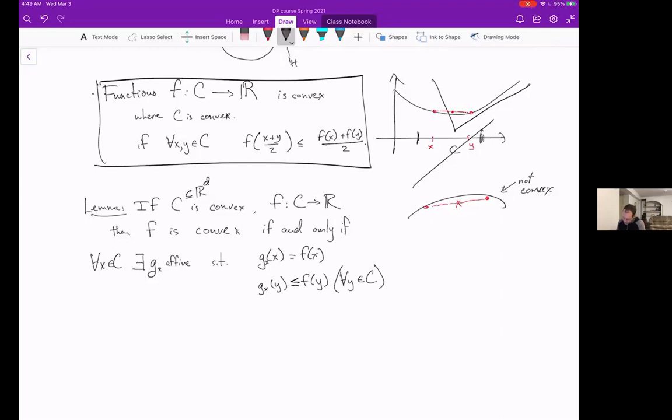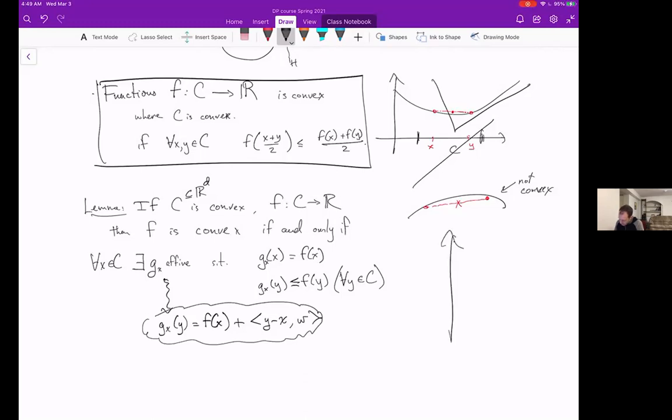Okay, so what does this mean? First of all, what does it mean for a function to be affine? In this case, it means that it can be written as f of x plus a linear function. So there's some w such that I can write G sub X in this way.